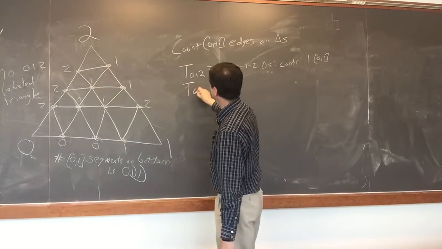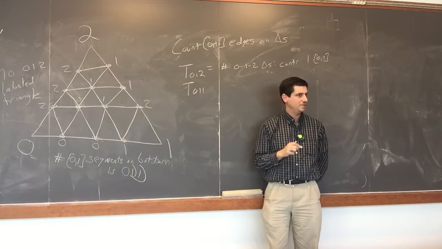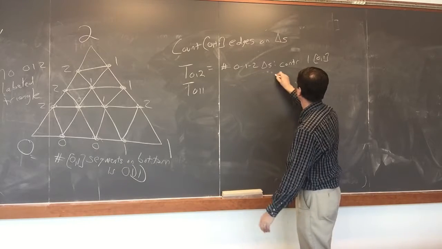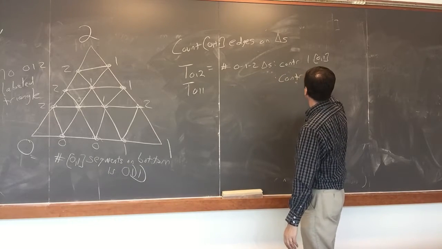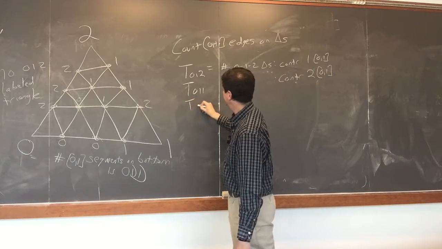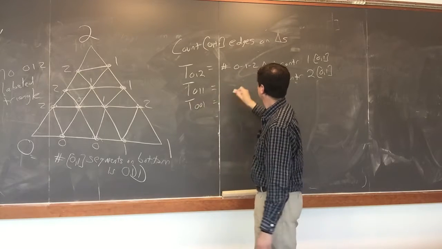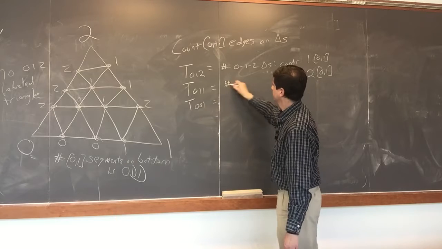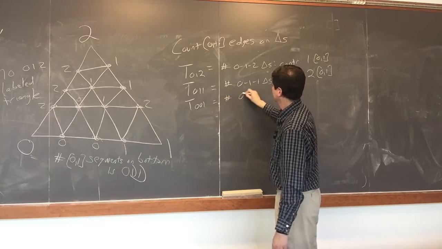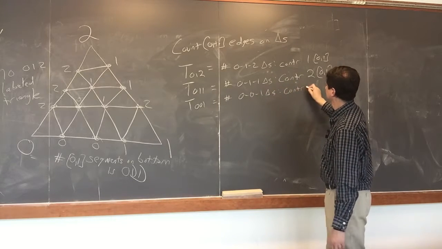What about the T 0, 1, 1 triangles? How many segments does that contribute? Contributes 2 segments. What about the T 0, 0, 1? How many does that contribute?